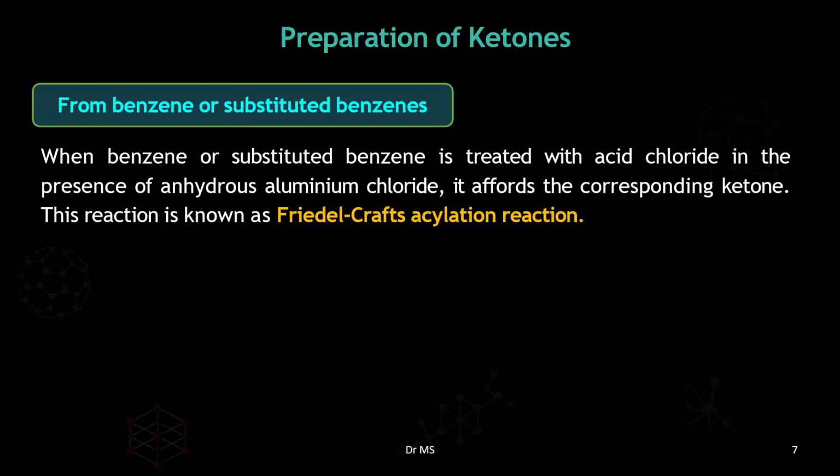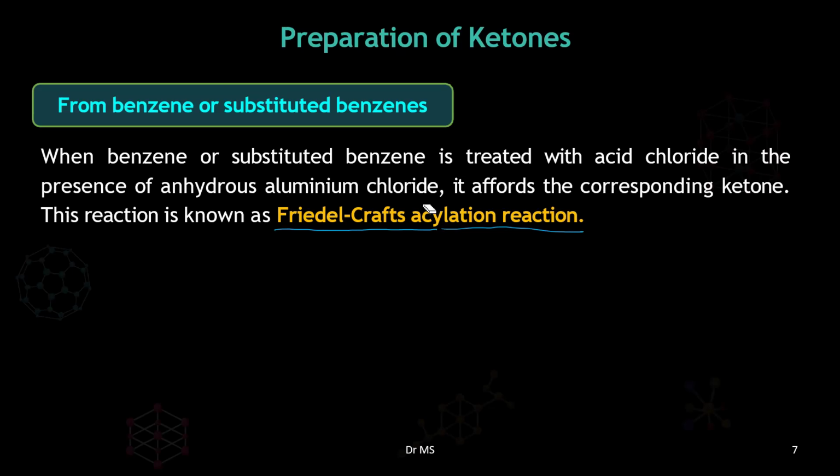So next one, from benzene or substituted benzene. Remember, this reaction is also called the Friedel-Crafts acylation reaction. You take a benzene or a substituted benzene and you treat it with an acid chloride in presence of anhydrous aluminum chloride.